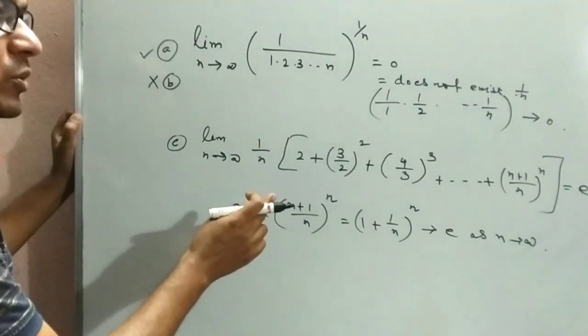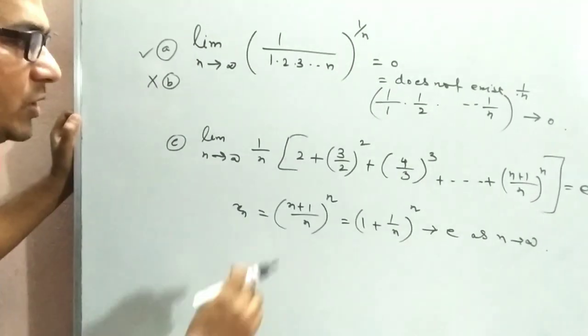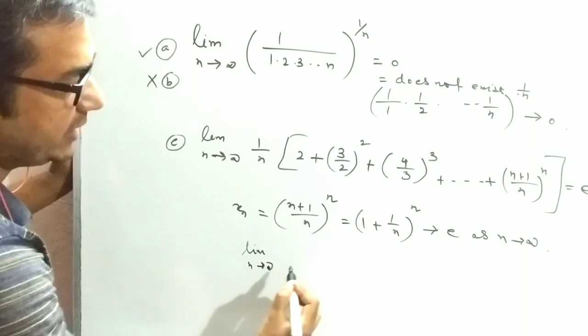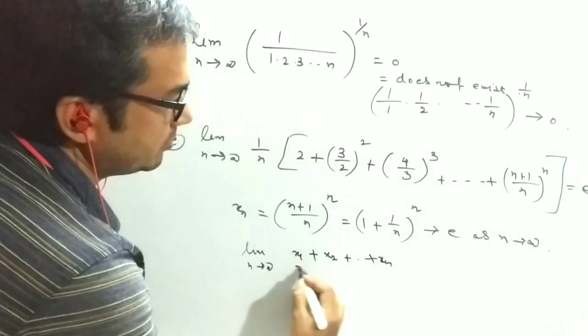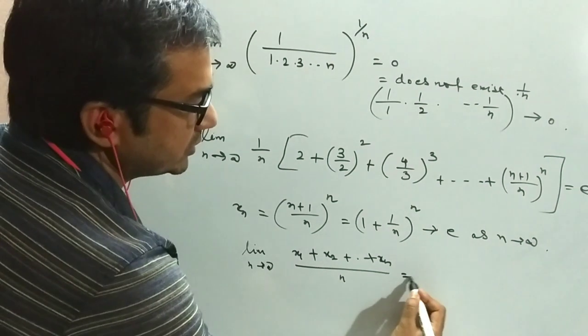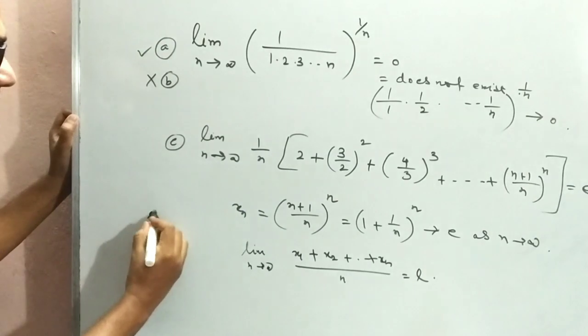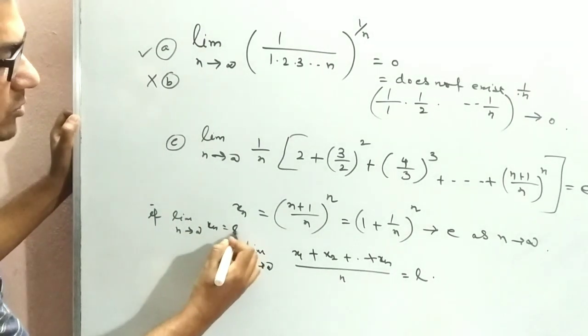So if we use Cauchy's first limit theorem, we get limit n tends to infinity (x1 plus x2 to xn) by n equal to L, if limit n tends to infinity xn equal to L.